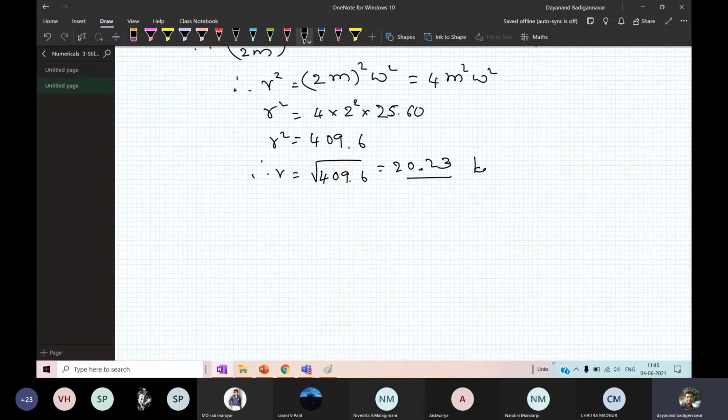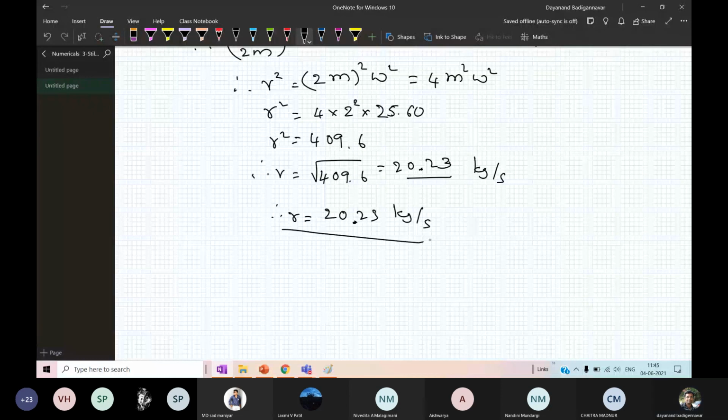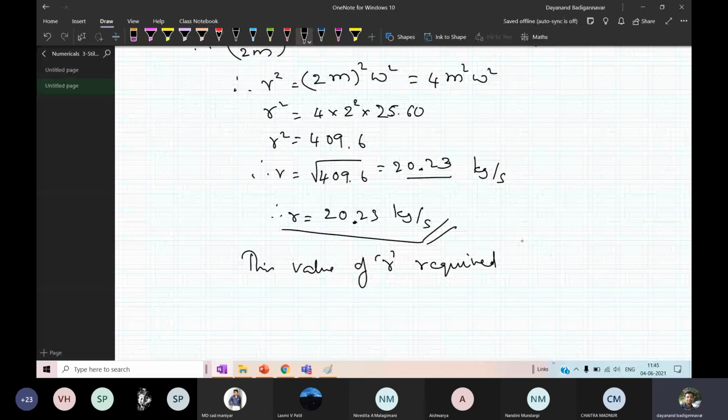This much value of r is required for critical oscillation. Okay, fine, so I shall stop here itself.